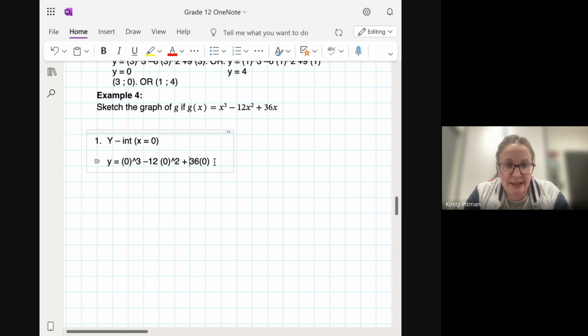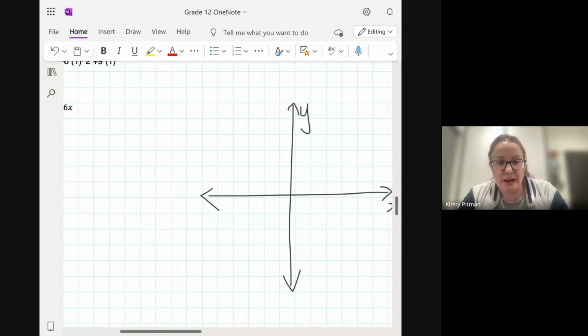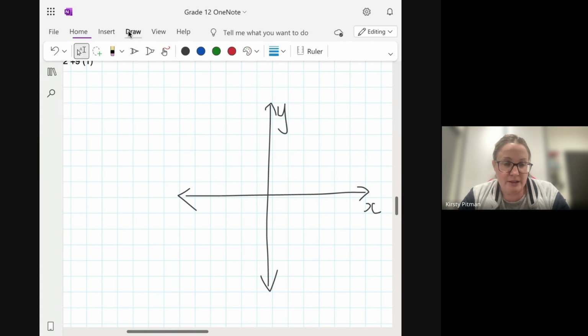Put that in your calculator, and what do you notice? You will notice that y is equal to 0. So what do we know about our y-intercept? It's the point (0; 0). Good. Nice, guys. So I come straight to my graph, and I'm going to draw that.